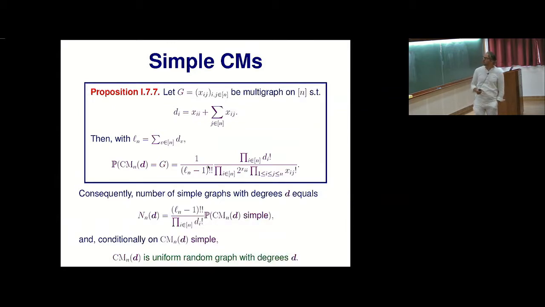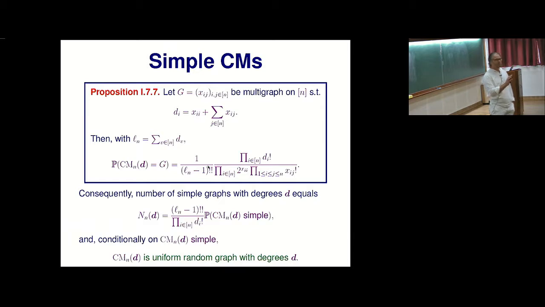So what does this mean? This means that if I were to pick a graph such that all the xii's are 0 and all the xij's are in between 0 and 1, that's equivalent to being simple, my answer is always the same. Well, that's a very complicated way of saying that if I condition on simplicity, the result I get is totally uniform.